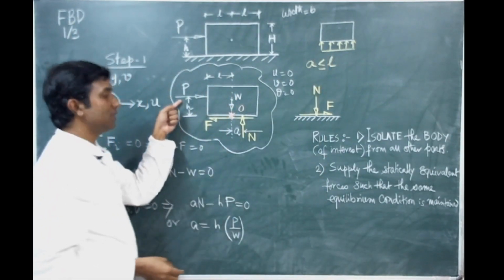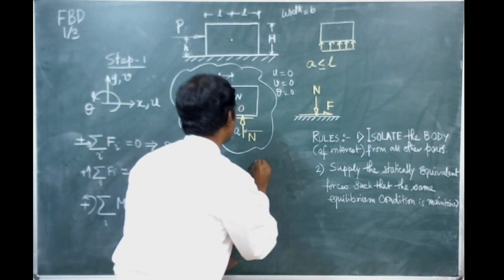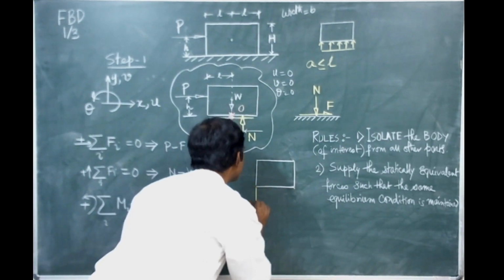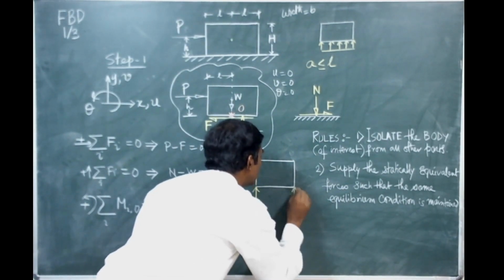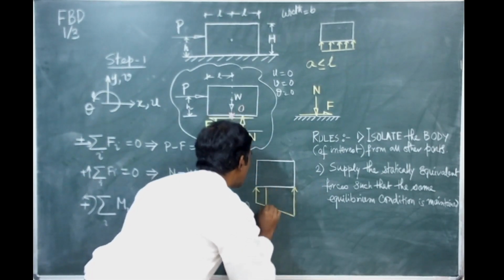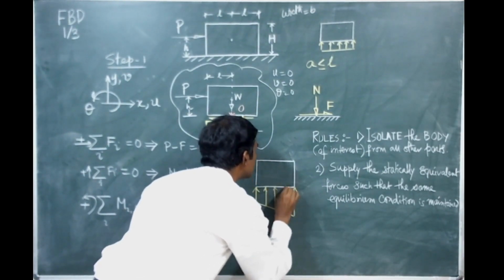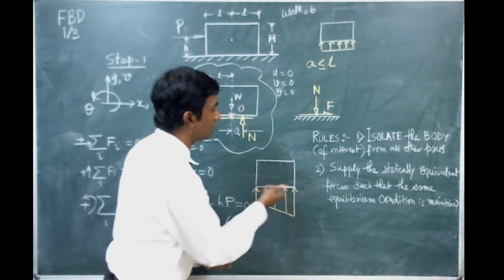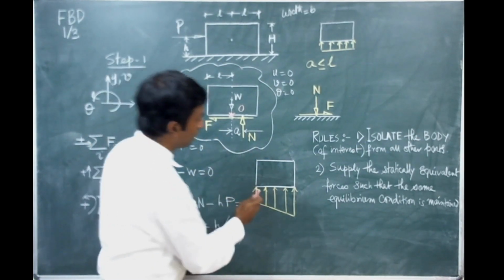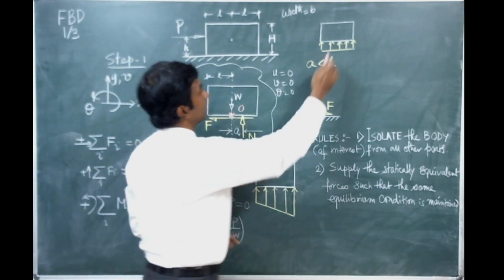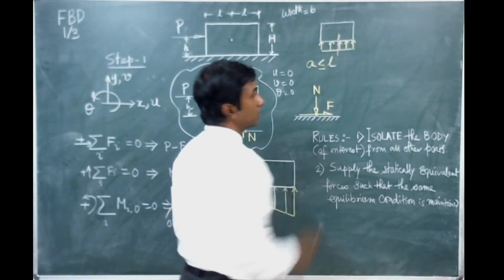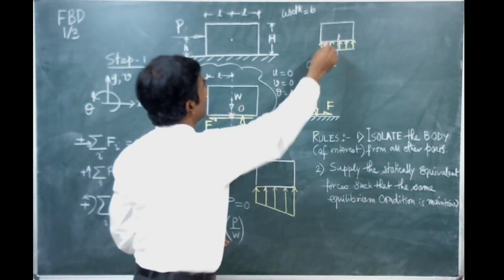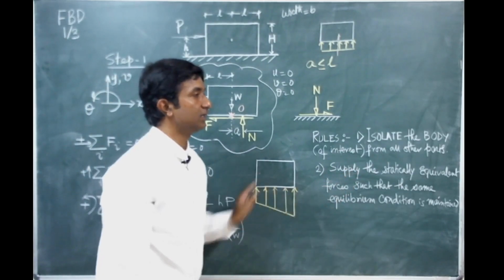When you have P present, this situation becomes different. You get a distributed force which looks like this one, a trapezoidal distribution. The resultant of this distributed normal reaction is N. So it gets shifted. Earlier the resultant passed vertically through the centroid, but here it is getting shifted.